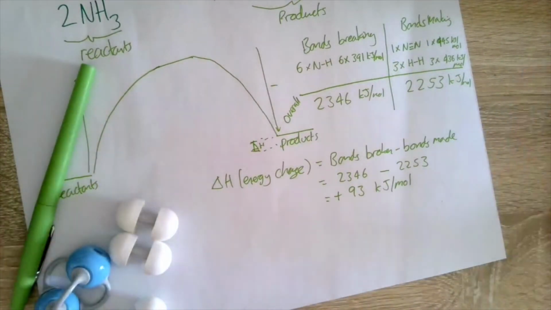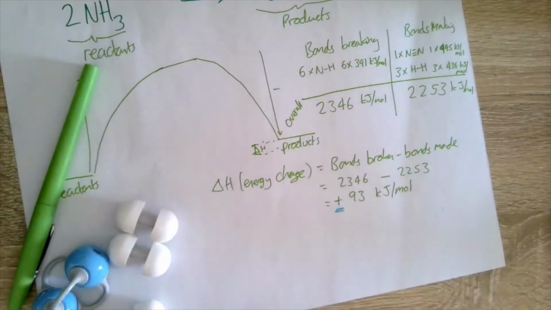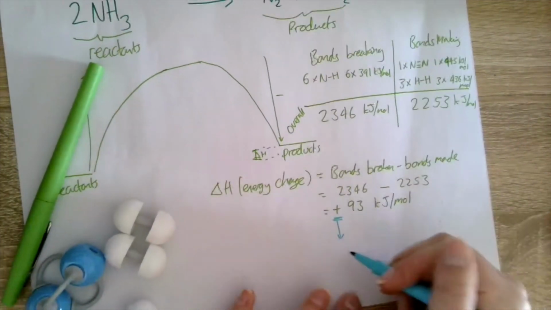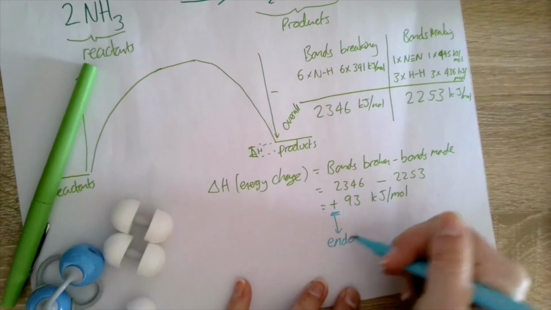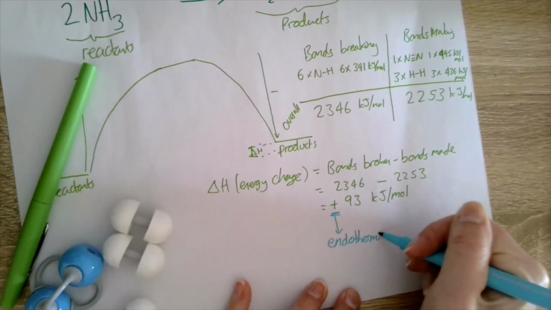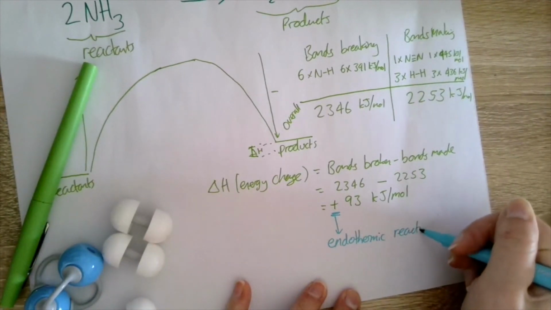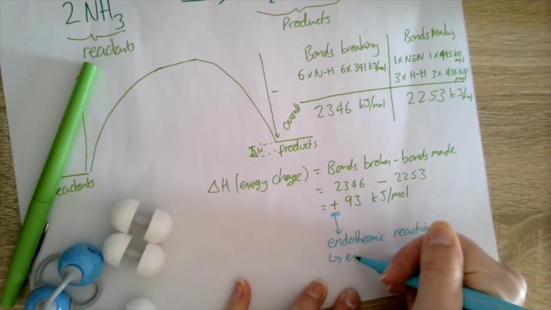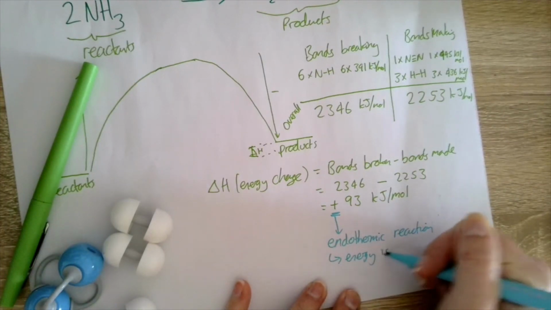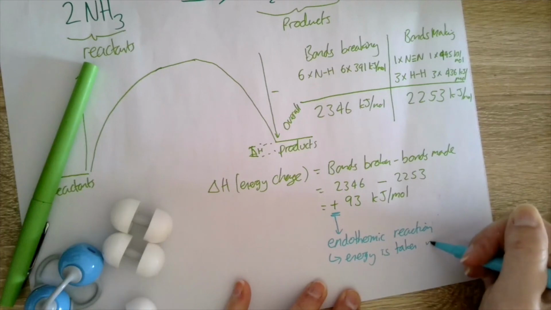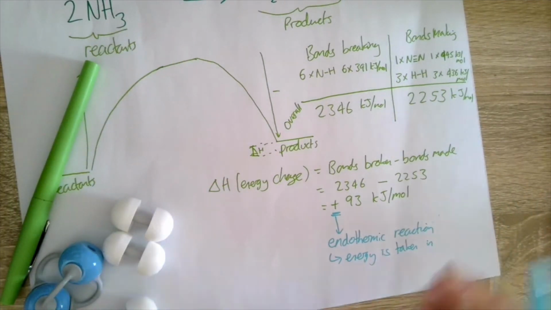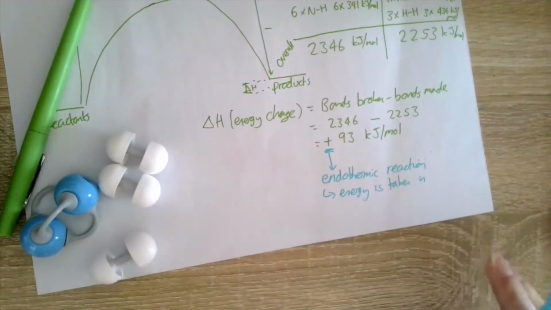And so now we see why it's important to have that positive sign, because now it's showing us that it's an endothermic reaction. And so energy is taken in. And we'd feel a colder temperature if we're taking in heat.